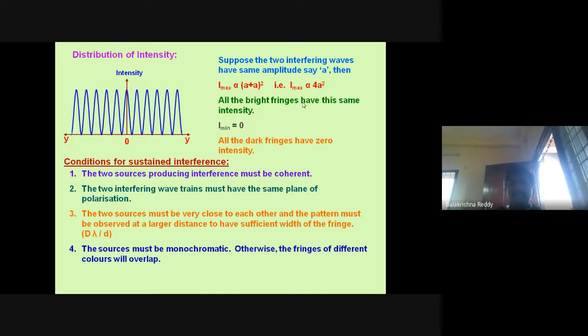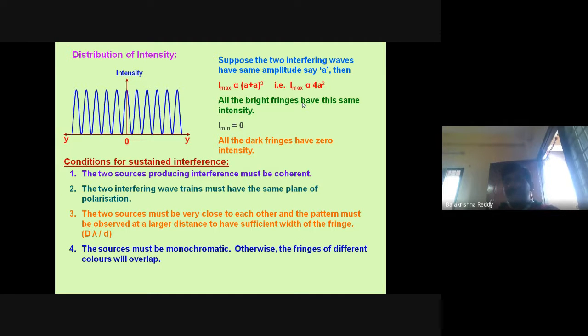Now, the sources must be monochromatic. Otherwise, the fringes of different colors will overlap. Monochromatic means single wavelength light, as we know. If you are using white light, passing through the two slits and interfering again, after interference it will be superimposed and form the intensity bands on the screen, and the bands will come in the form of colors if you are not using monochromatic light.